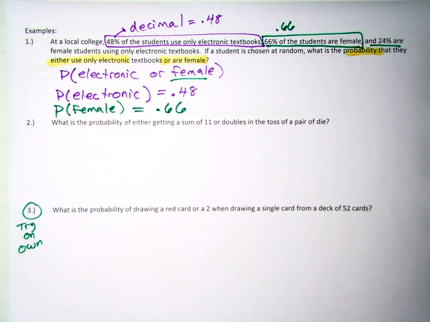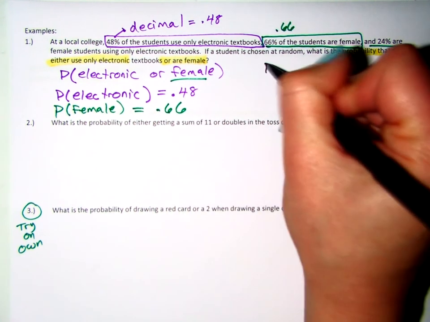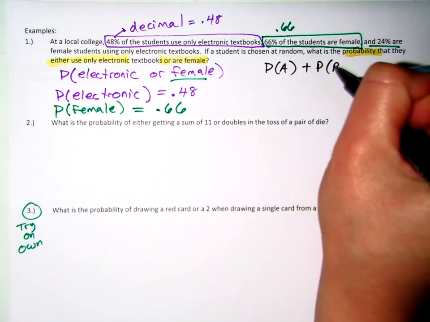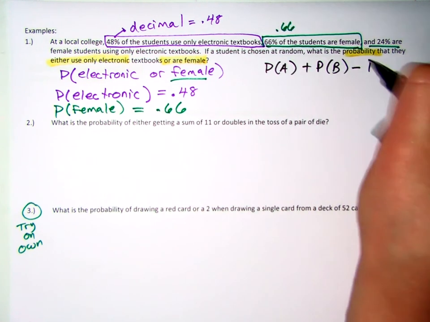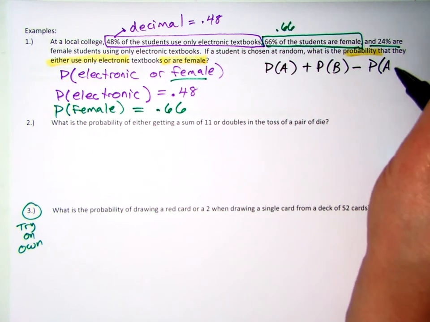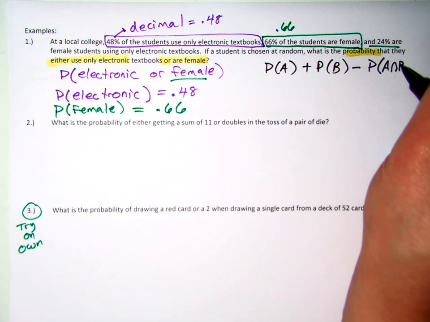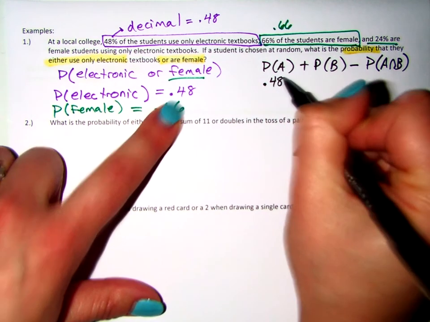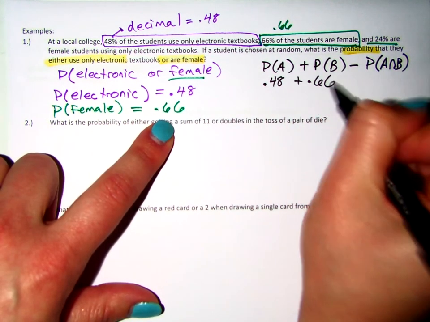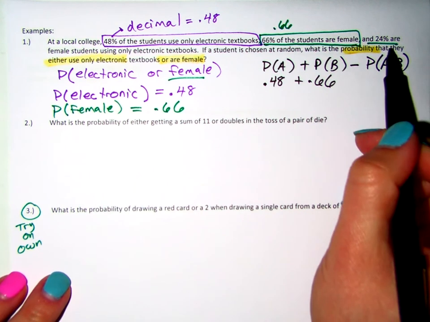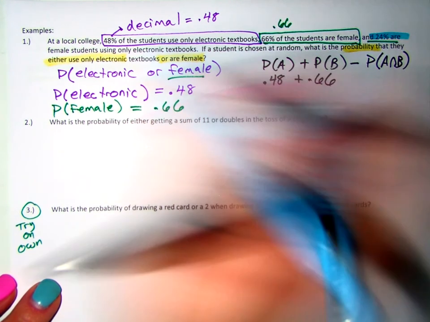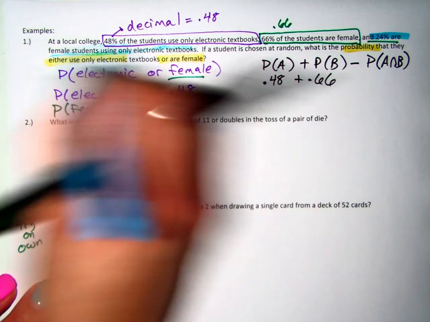Now remember, when we're doing this, we take the probability of the first one, we add the probability of the second one, and we subtract out the probability of where those things intersect. In other words, the common. So right now, 0.48 is the first one, plus 0.66 is the second one. Now, is there anything in common? Well, when we read on, didn't it say there are 24% that are female students only using electronics?